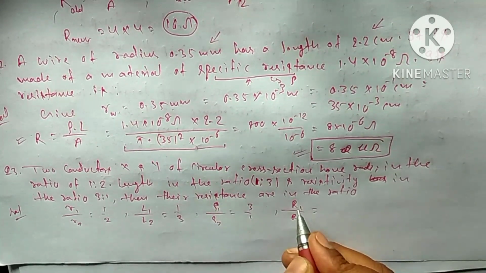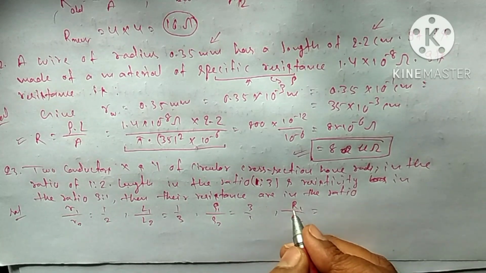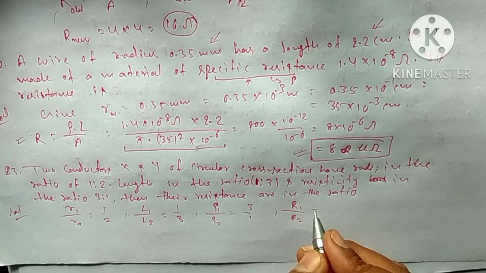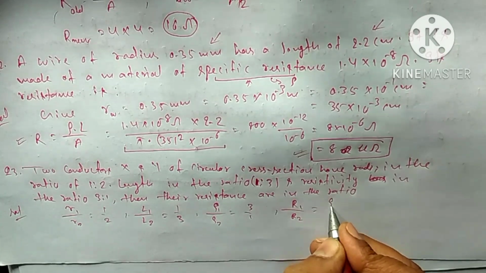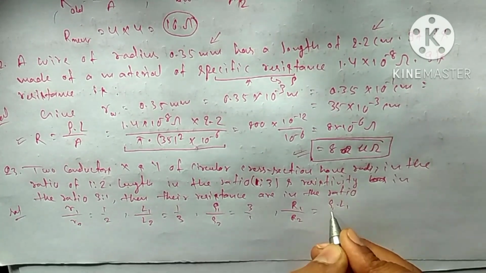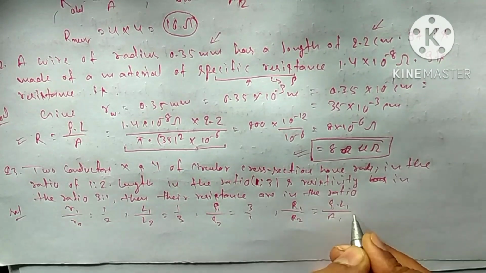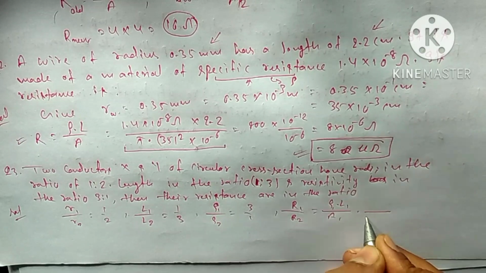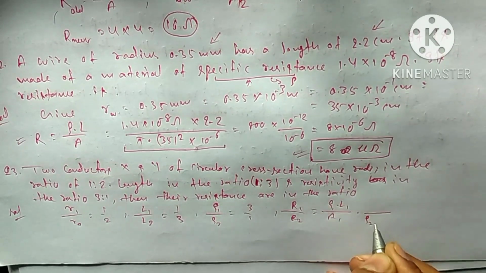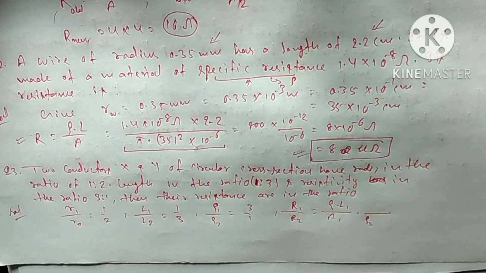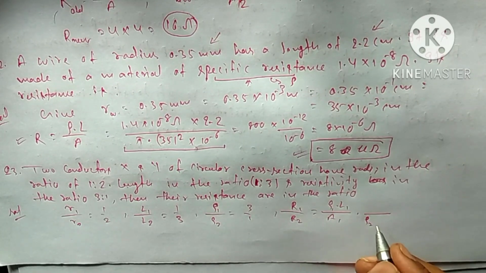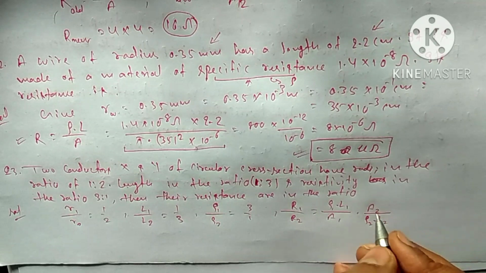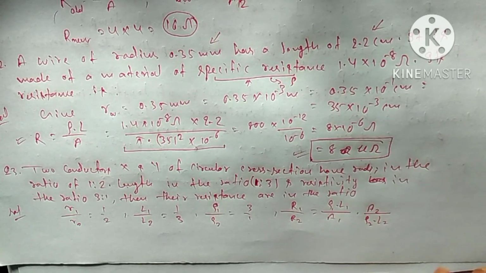R1 by R2 means we can put the formula of resistance, rho 1 and L1 divided by A1. Also for R2 we can put the value here: rho 2, because the two conductors X and Y have different resistivities, L2 and A2 in the denominator.